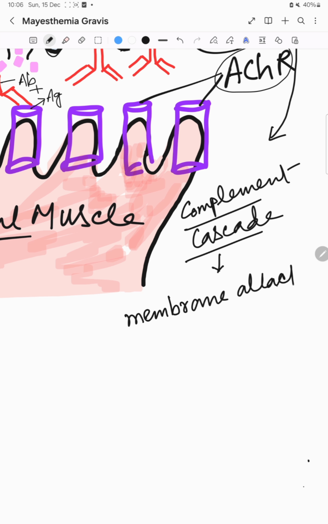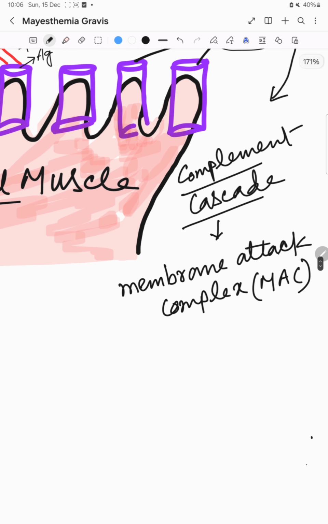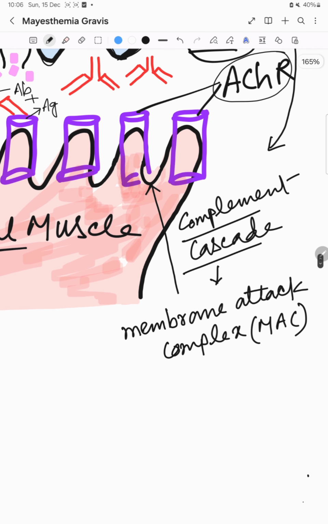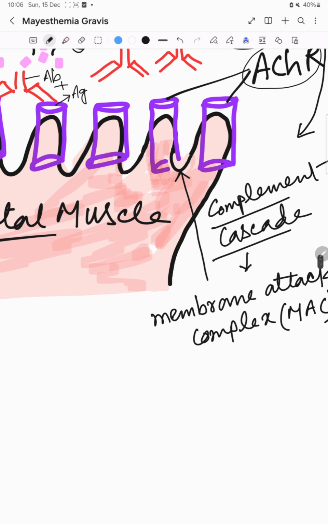By its name, you can guess its function, that it will affect the membrane. Which membrane? It will affect the postsynaptic membrane where the acetylcholine receptors are attached. So it will lead to damage to the membrane.